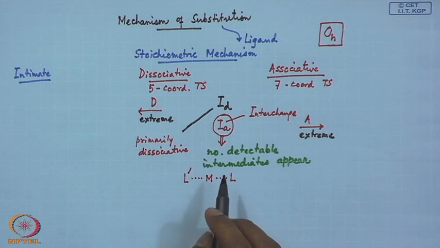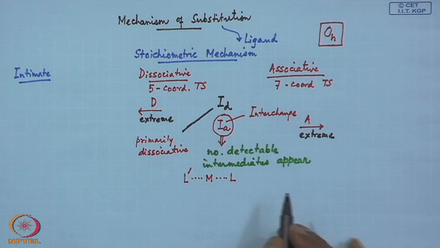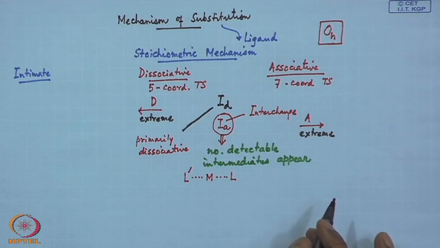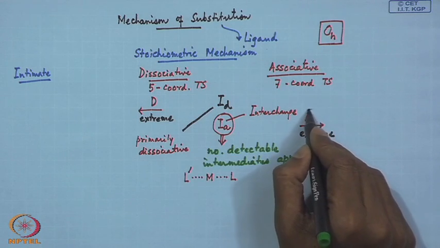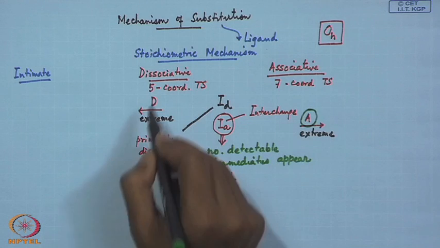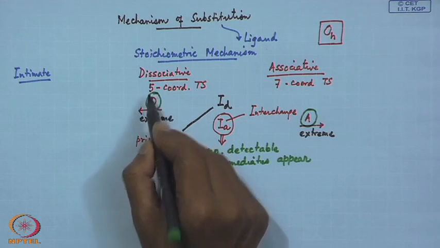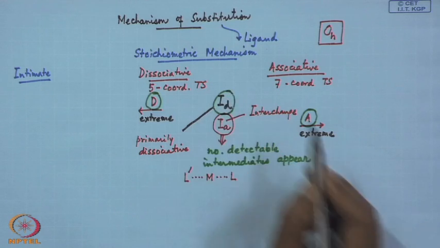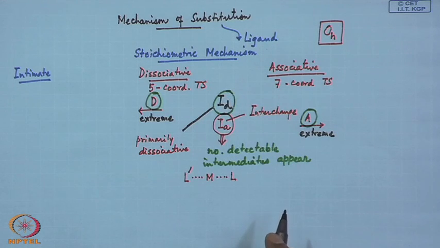So, there are many reactions which can be described as Ia and Id mechanisms rather than typical A and D. We can therefore consider reactions with D and A at two extreme ends, or the two intermediate cases Ia and Id.